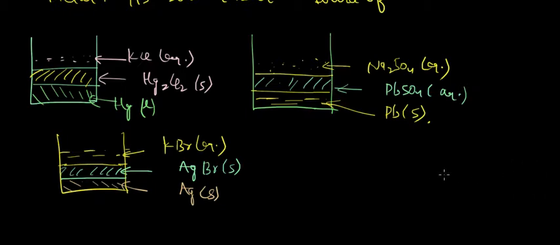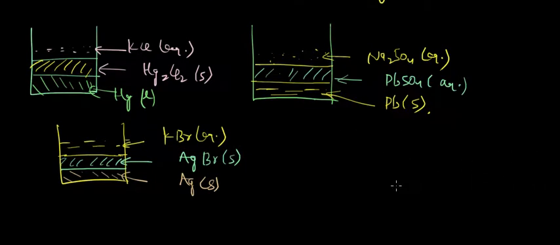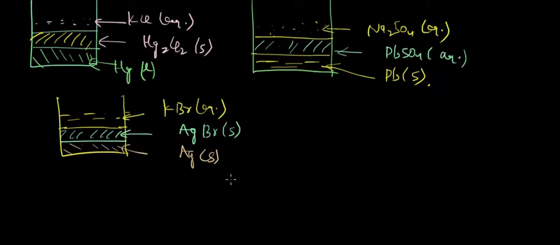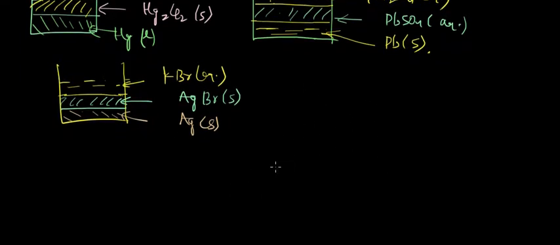Okay, so we can have an apparatus in which a metal wire is coated with its sparingly soluble salt and dipped into a solution of electrolyte, which is the source of anion.